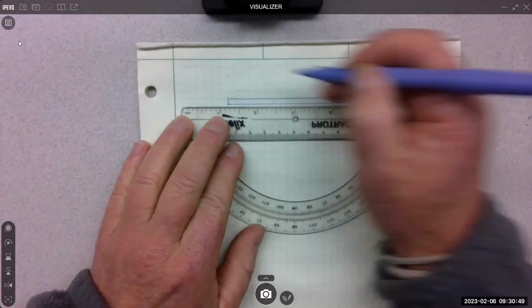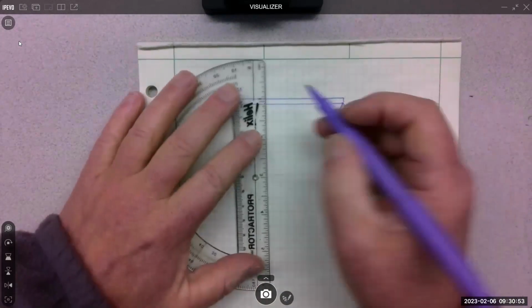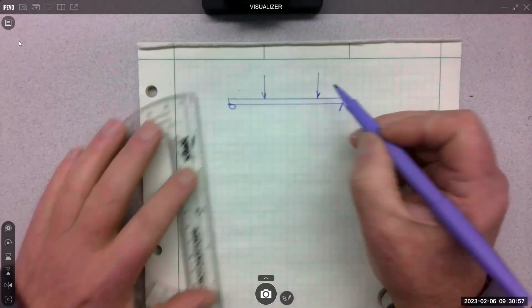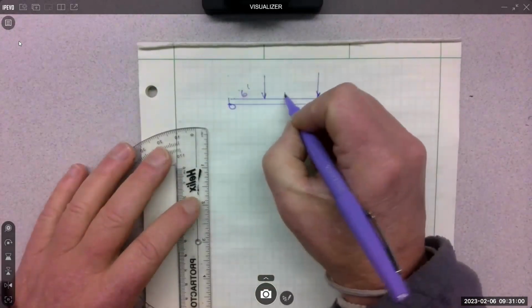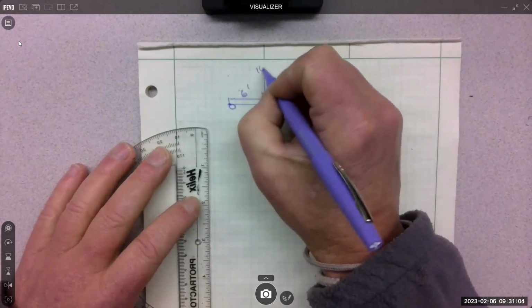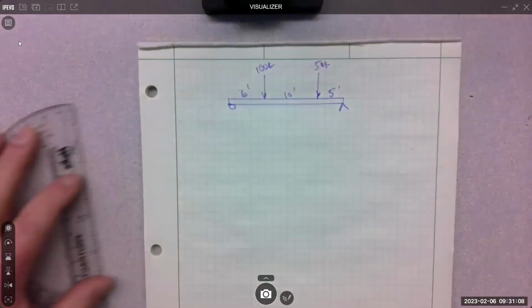You might need to do a little reading out of the chapter because it probably starts with something like this, where this is 6 feet, 10 feet, 5 feet, and 100K and 50K, right? So non-concurrent.